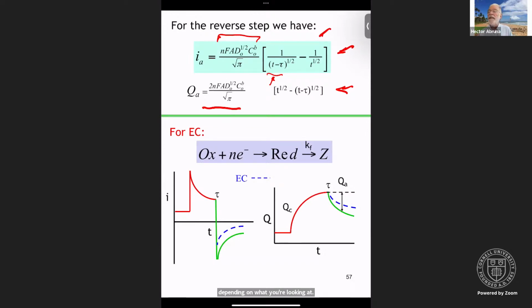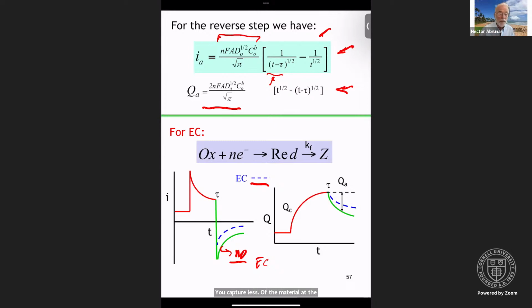What would something like this be good for? Well, more than anything else, looking at EC processes, because this is a reversal technique. And so if the green profile is in the absence, so this is no EC. When EC kicks in, the dashed blue, you capture less of the material at the electrode surface.